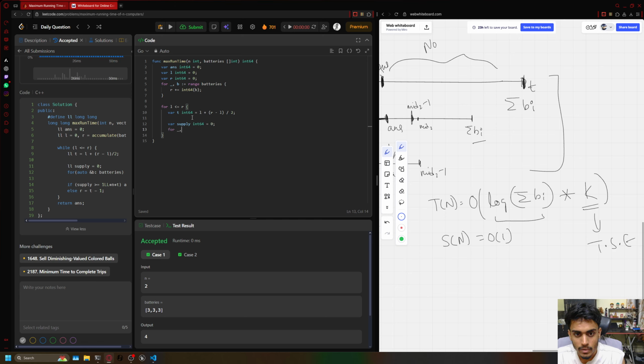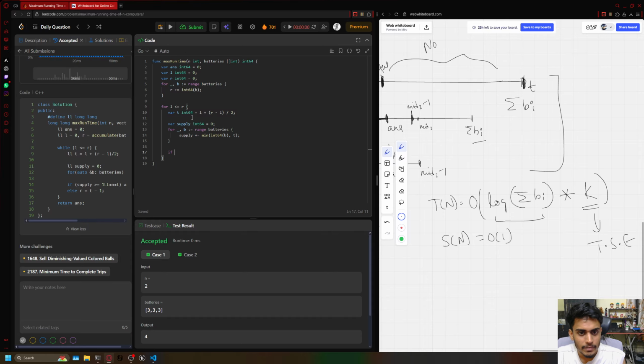Then I will iterate over all my batteries in range, and supply plus equals min of int64 converted b and my t.